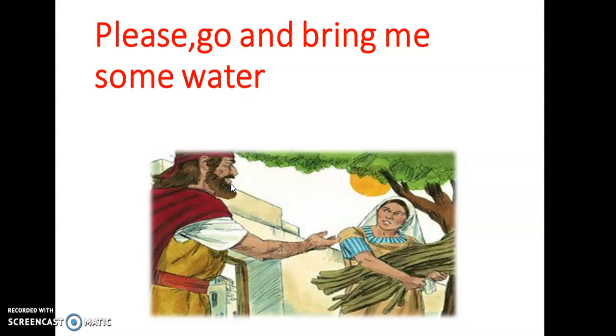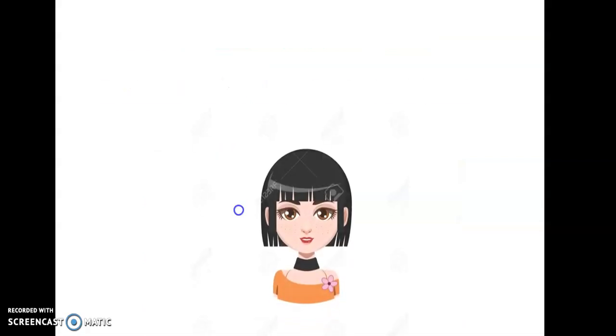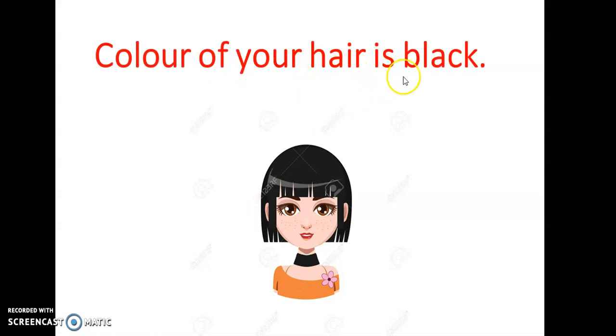So, what do you mean by a statement? Can you give an example of a statement? Yes, the color of your hair is black. This is a statement. So, statements may be true or may be false, isn't it? Statements are always true, always false, or ambiguous.